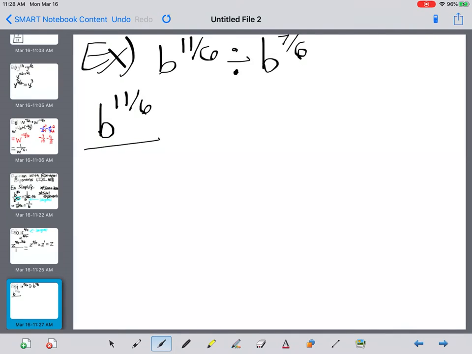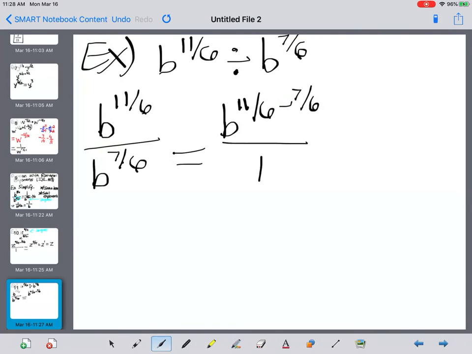So I know that my first one is the greatest. 11/6 is greater than 7/6. So since I know that the top is the greatest, we're going to keep our b's on the top. So it's going to be b to the 11/6 minus 7/6 over 1, but that's not going to be necessary.